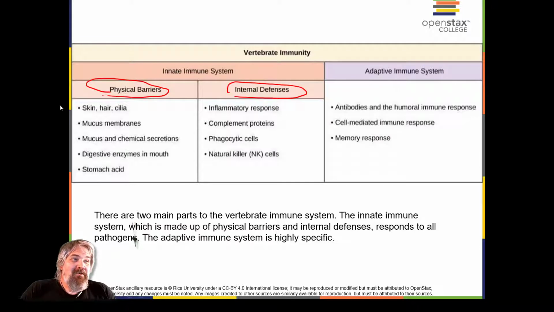Now, you could argue that there is a passive layer on top of your skin, and that's your normal flora. Those are the bacteria and some fungi and some mites and other parts.